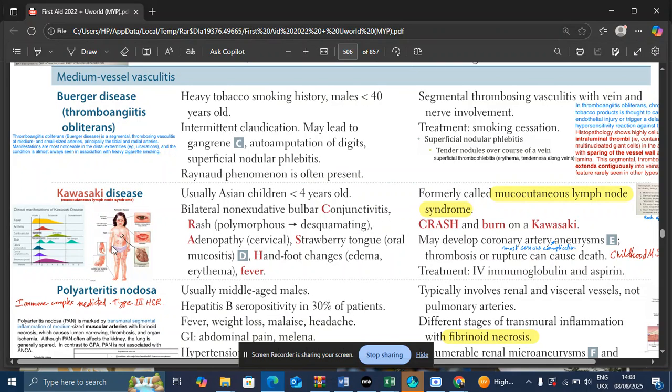I have seen a lot of questions where they would give you all the findings of Kawasaki disease, but in the options they'll ask, is it mucocutaneous lymph node syndrome? Now you memorized everything with Kawasaki in your mind, and did not pay attention to mucocutaneous lymph node syndrome, which is the other name for Kawasaki disease.